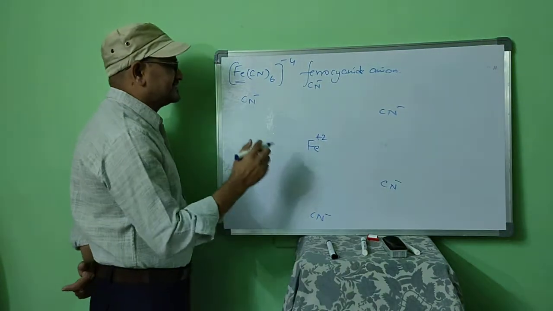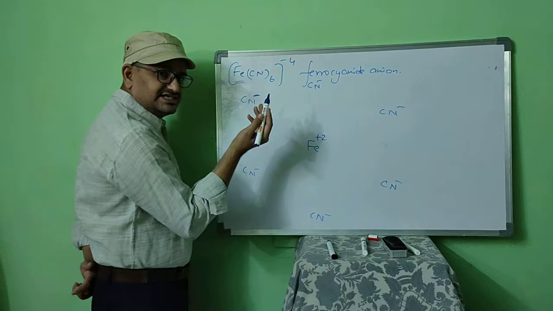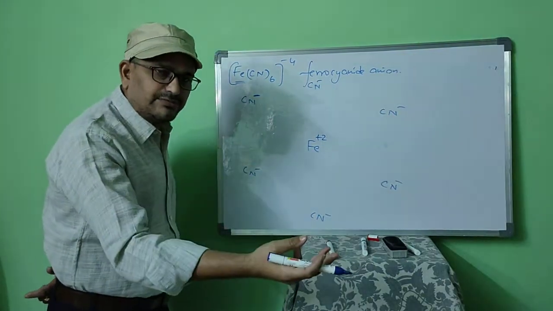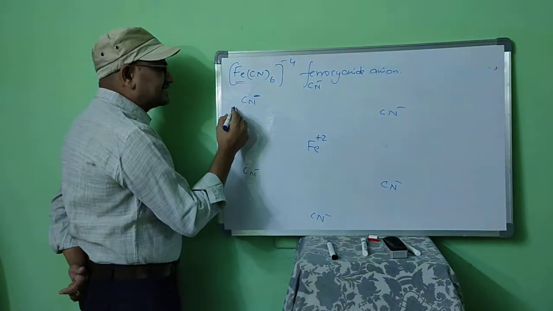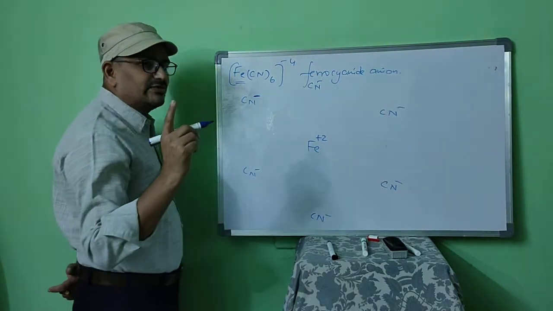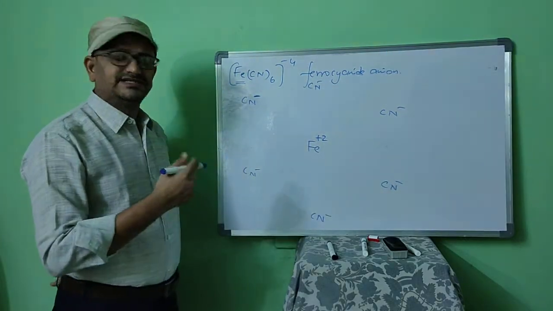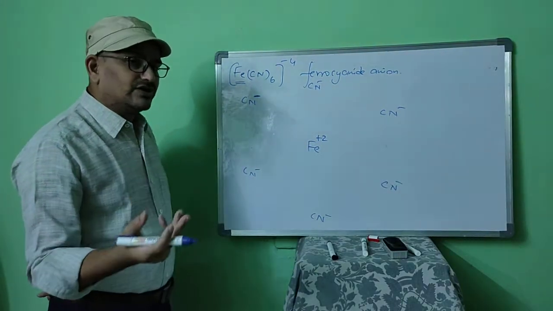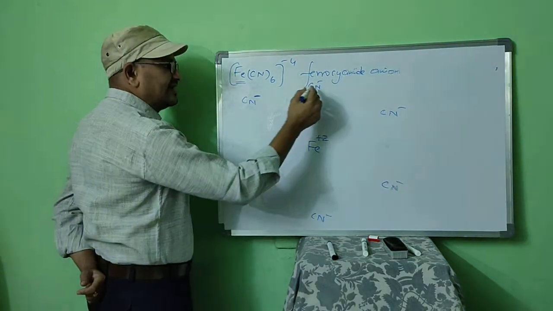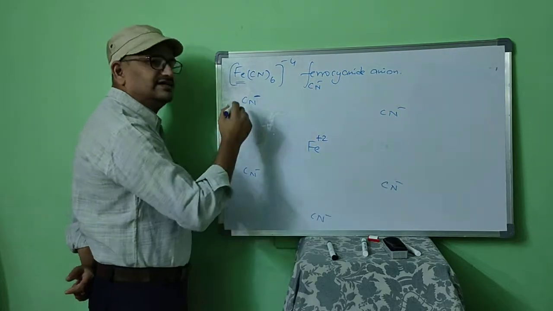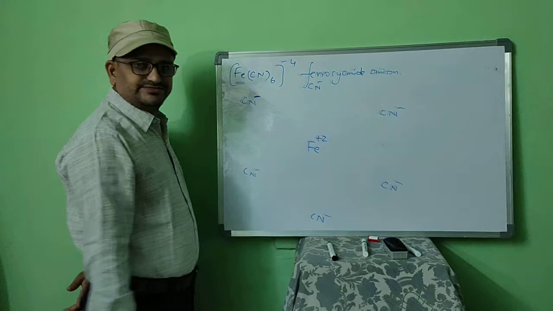So here what happens, each cyanide ion is electron rich. Have you noticed? It is an anion, so electron rich. So they can donate an electron pair. Each cyanide ion acts as an electron pair donor. What is an electron pair donor called, according to the Lewis theory of acids and bases? Lewis base, exactly. So each cyanide ion acts as a Lewis base, meaning they donate an electron pair. Who has to accept that electron pair? Fe+2.